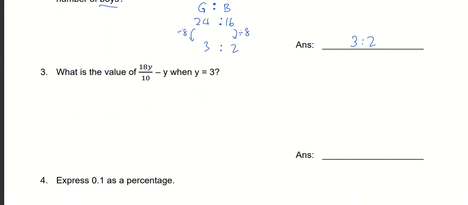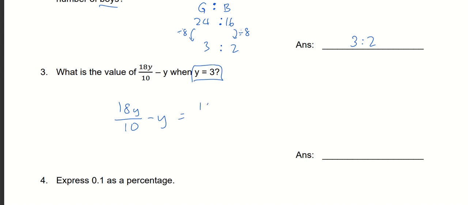Okay, question 3. We have the algebraic expression 18y over 10 minus y. What's the value of this expression when y is equals to 3? So I substitute 3 into the equation.